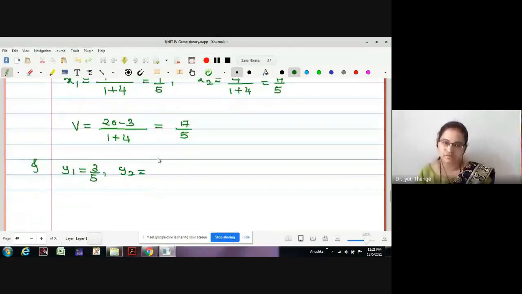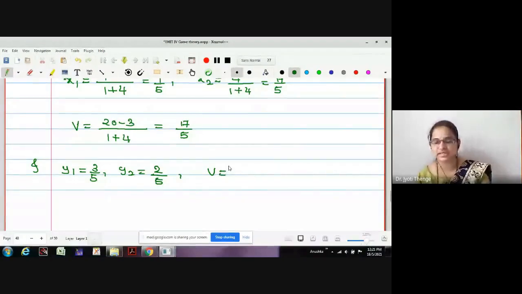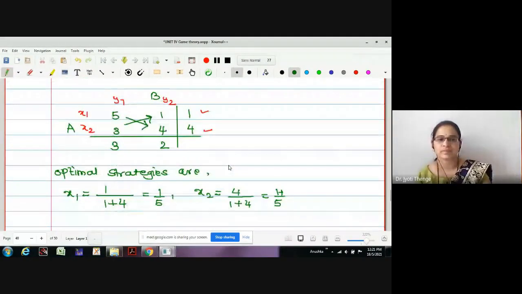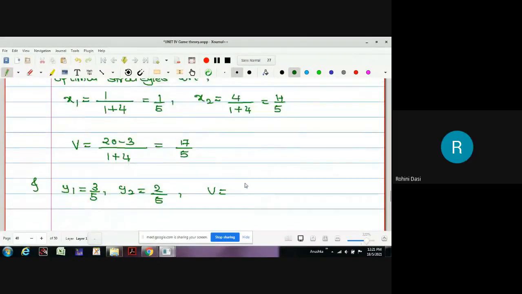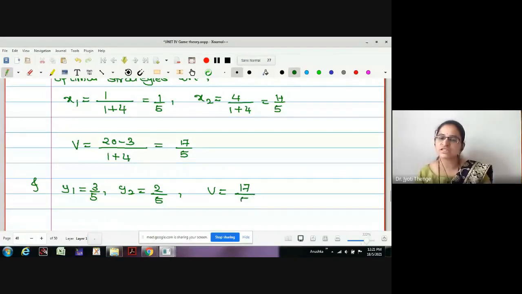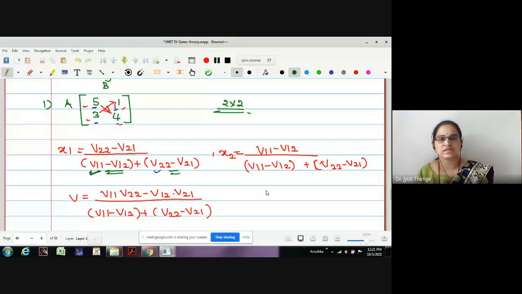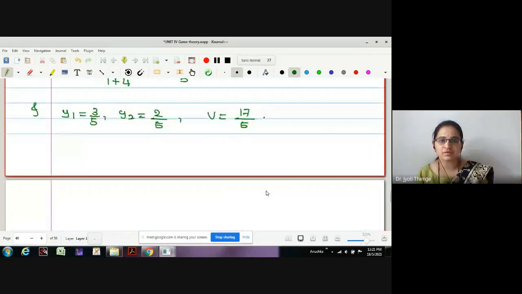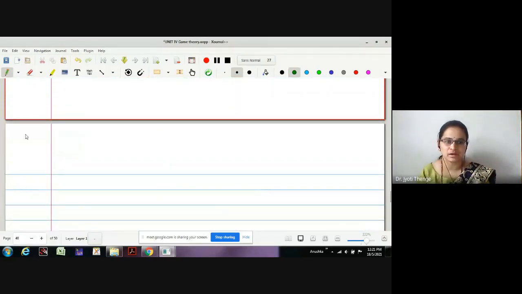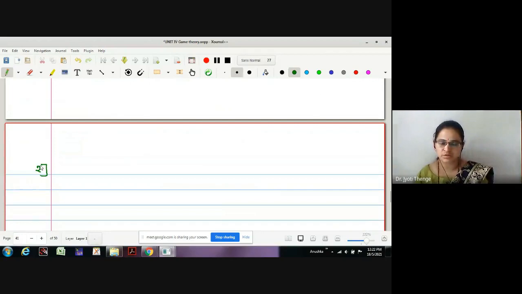And what is the value of the game with respect to A? It has to be the same, no? Yes, ma'am, 17 by 5. Therefore, you have to check with respect to which player it was asked, and accordingly find out the values. Is that okay? Let me do one more example, then we will go for the next one.